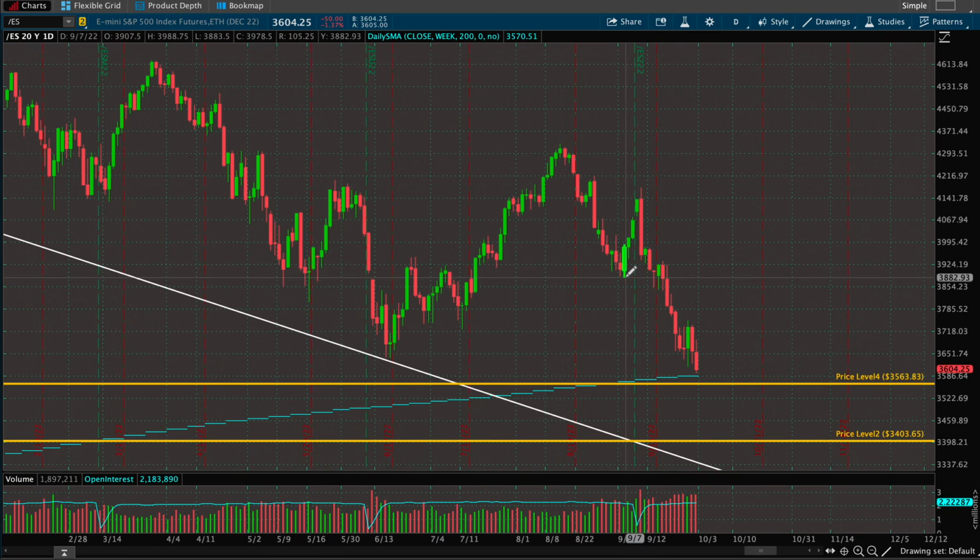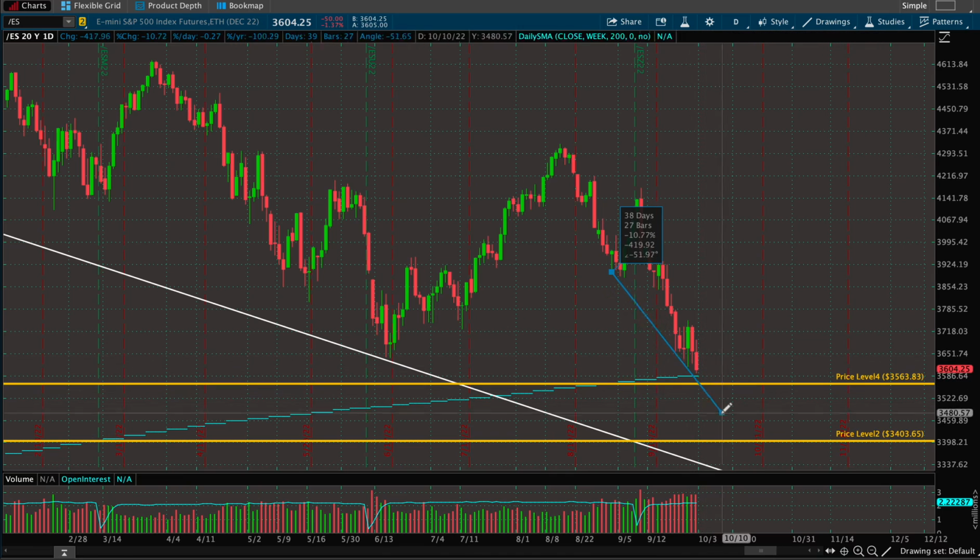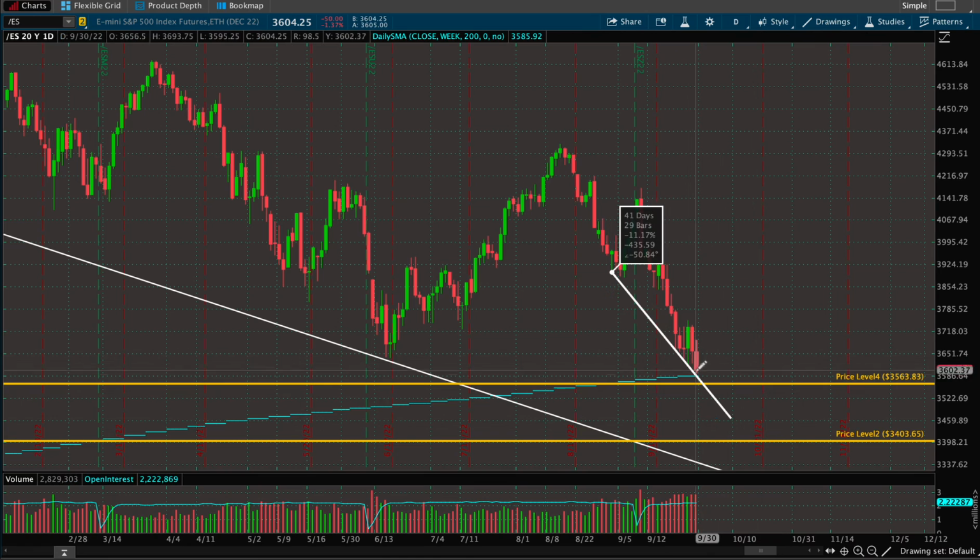Now one other thing we can do here also. If we start drawing this small channel, you can see it's almost touching that level there. We have a 200-day weekly moving average, which is very important.